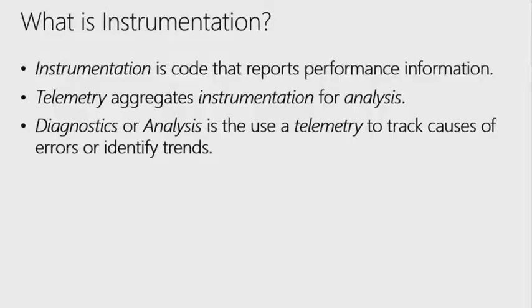Well, let's talk about some of the terminology first because it's important. So it starts with instrumentation. Instrumentation is the part of the code that you include that stores performance information. So every time a method is run, you might want to have that as an instrumentation point where you log it, right? That's a possibility.